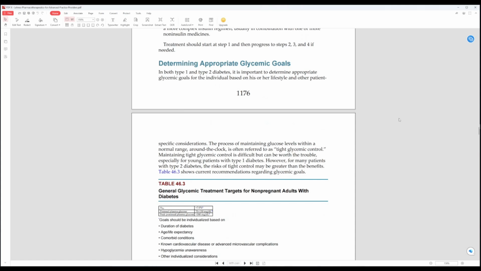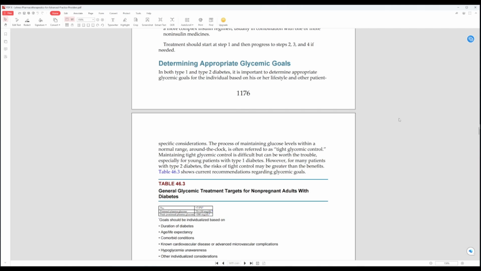Determining appropriate glycemic goals. In both type 1 and type 2 diabetes, it is important to determine appropriate glycemic goals for the individual based on his or her lifestyle and other patient-specific considerations. The process of maintaining glucose levels within normal range around the clock is often referred to as tight glycemic control.